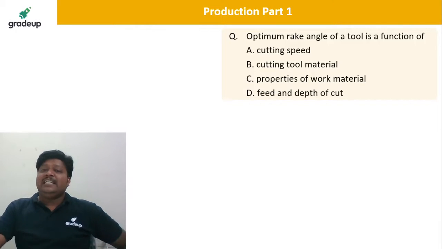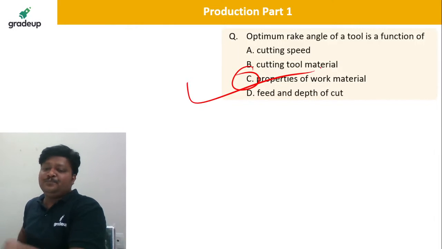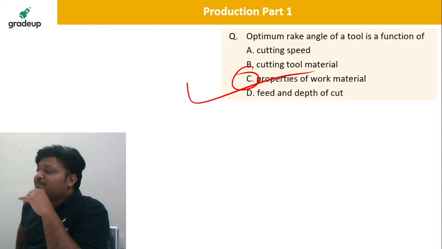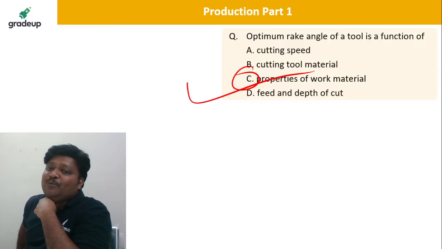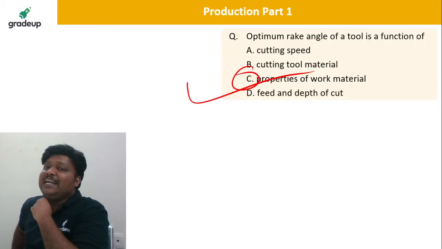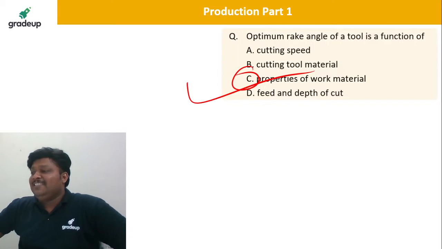So yes, C is the correct answer, not A. The properties of the work material decide the optimum rake angle.